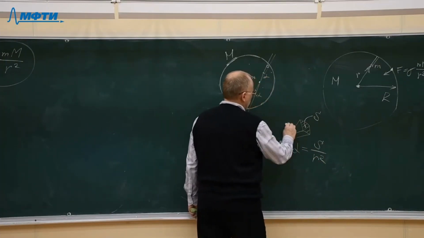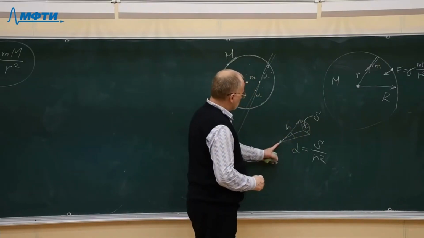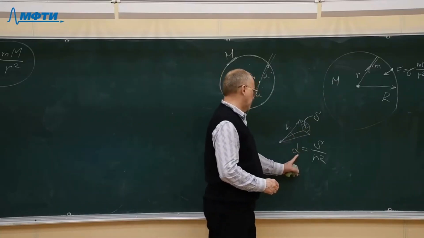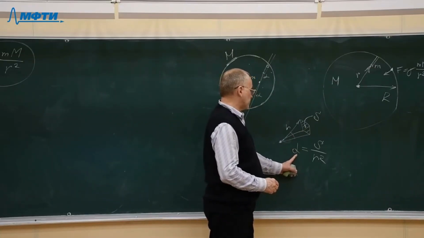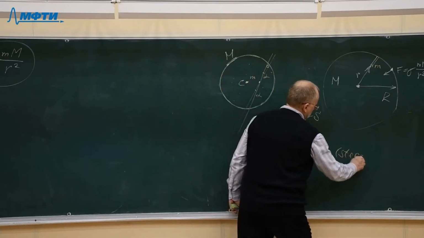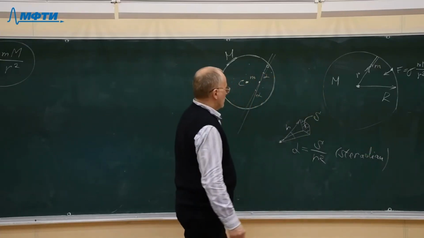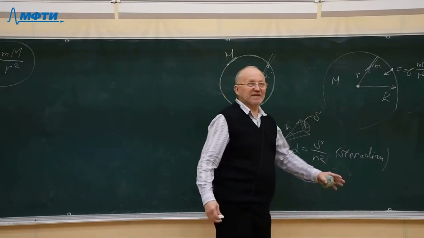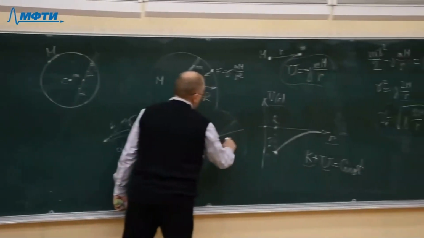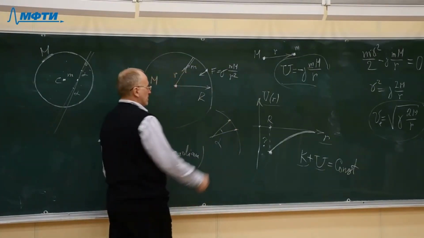This is the radius of the sphere. So by definition, the unit of measurement of such a solid angle is the steradian. If we measure a simple flat angle alpha, it is measured in radians.